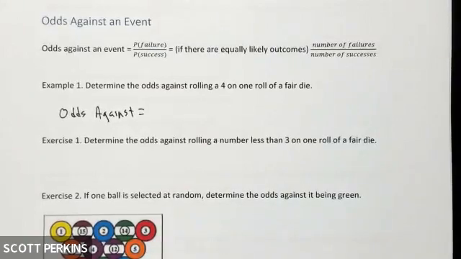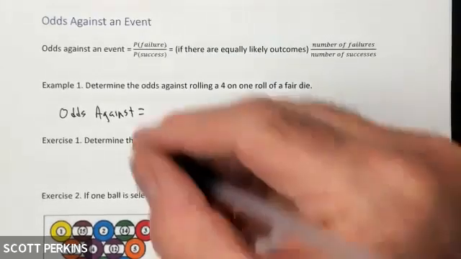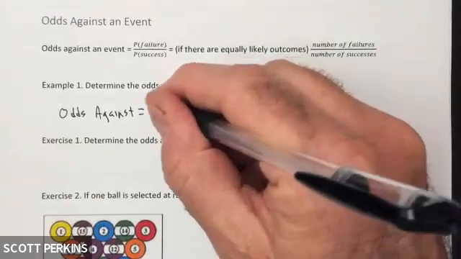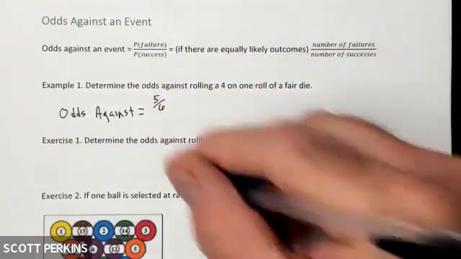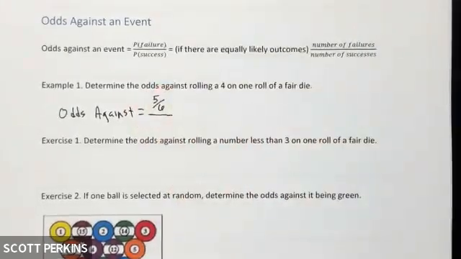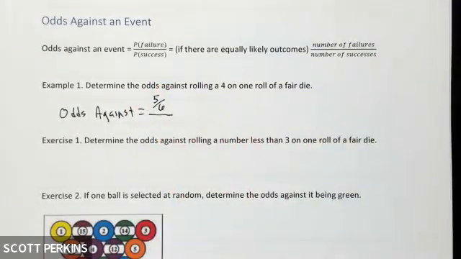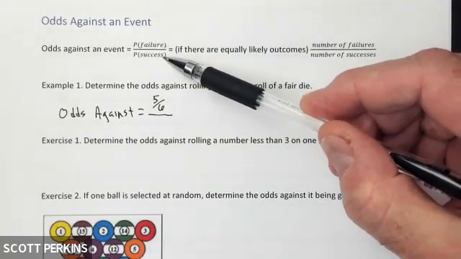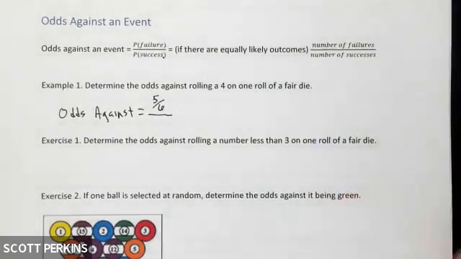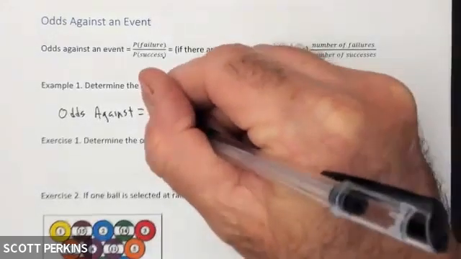So what's the probability that I do not get a 4 on a die? 5 out of 6, right? There's 5 sides that are not labeled 4 out of 6. Everybody with me? Let me know. Be bold with your questions, please. So then divided by the probability of success. What's the probability I successfully get a 4 when I roll my die? 1 out of 6, perfection.